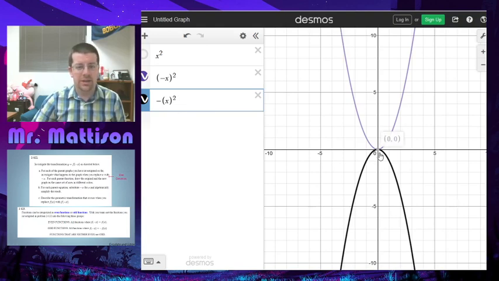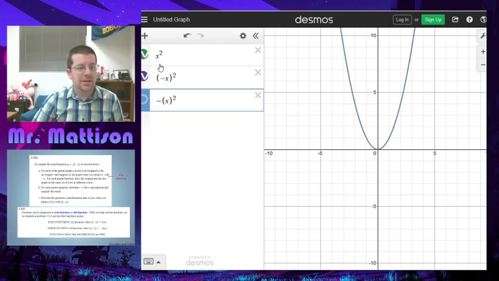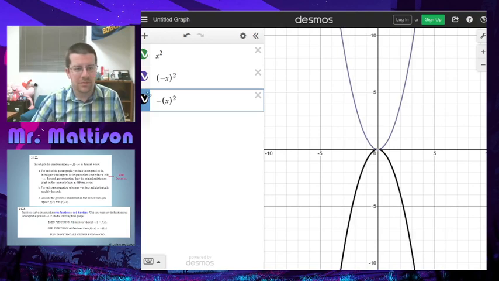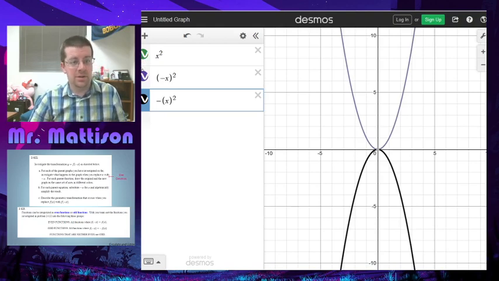They're clearly different, so it's not odd. But if these two are equivalent, then it's even. And yes, these two are the same graph, so it's going to be even. And then the last case is if it's neither of those, then it's neither even nor odd.